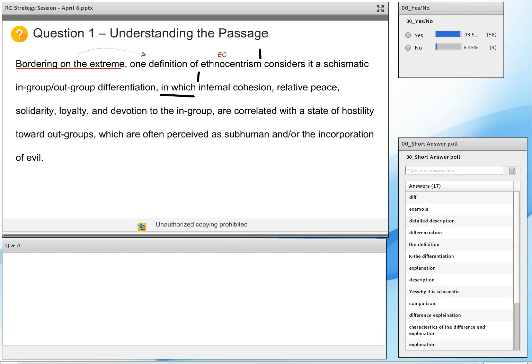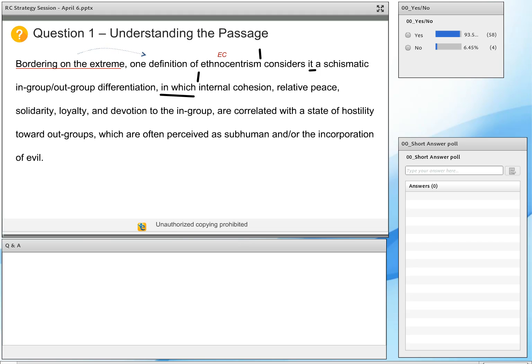One definition of EC considers it. Now, what does 'it' refer to over here? It refers to EC, absolutely right. So here I'm applying my knowledge of English, right? So one definition of EC considers EC a schematic in-group out-group differentiation. Now, how many of you know the meaning of the word schematic?